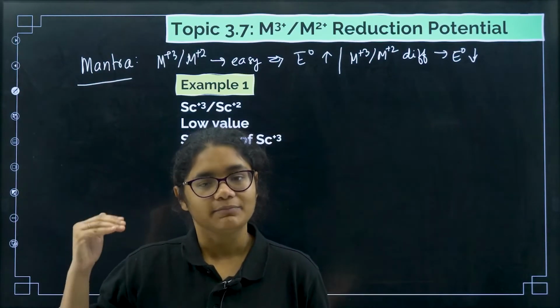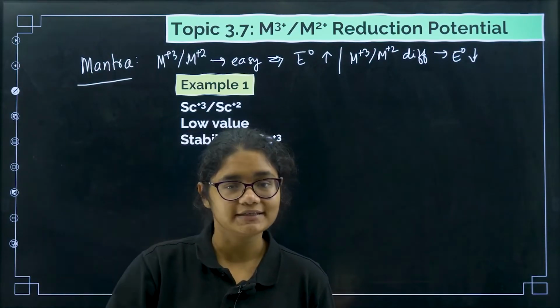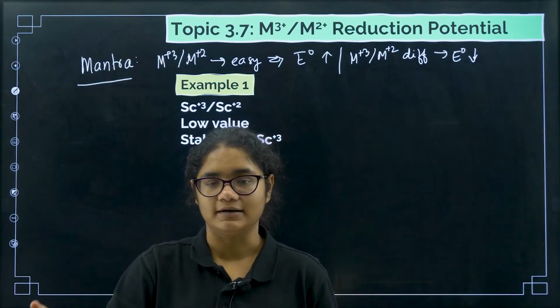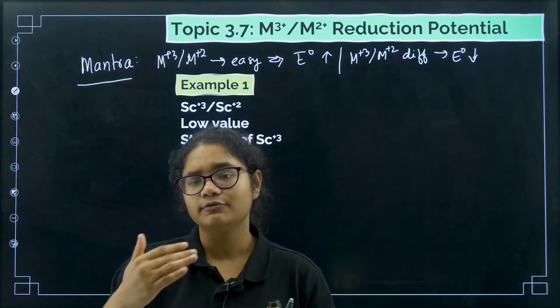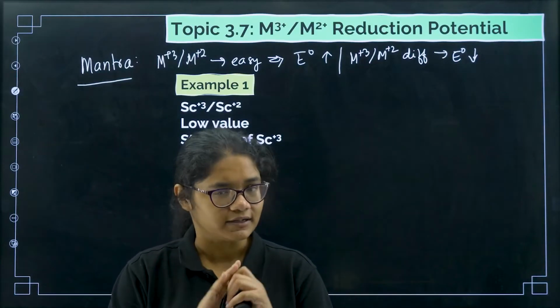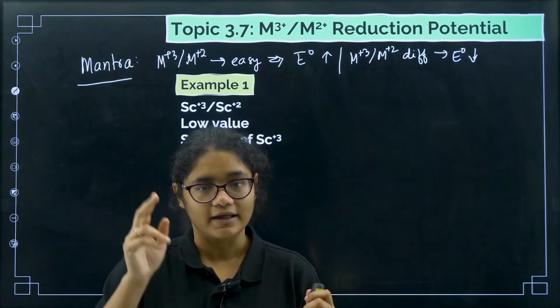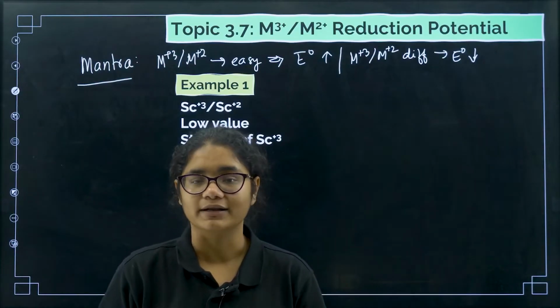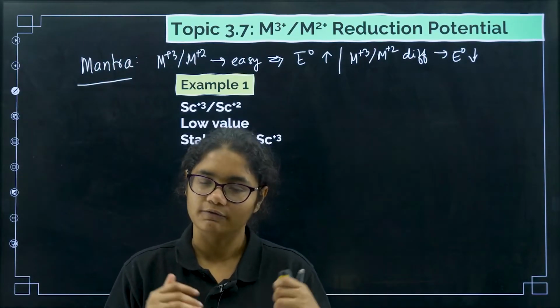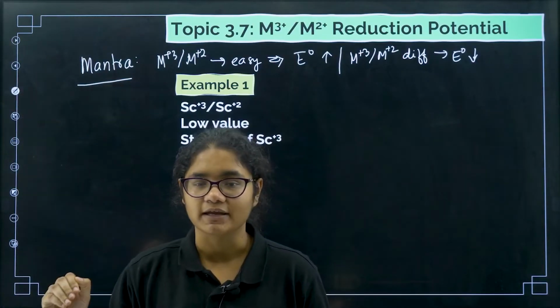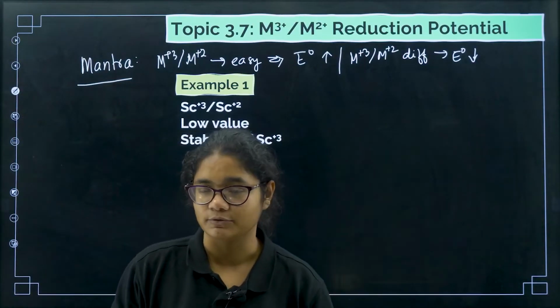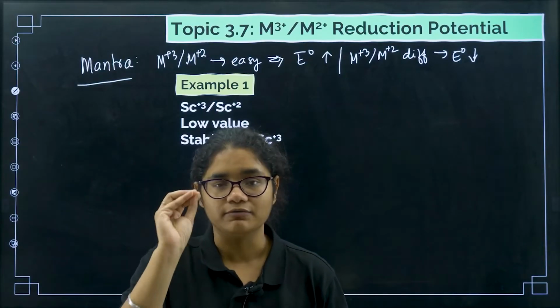Once again, if the metal wants to go to the plus 2 state from plus 3, the E naught value will be very high. If M3+ to M2+ conversion is very slow, the reduction potential value will be very low. Clear? Once again, plus 3 to plus 2 easy means reduction potential is very high; difficult means it falls down and the value is very less.